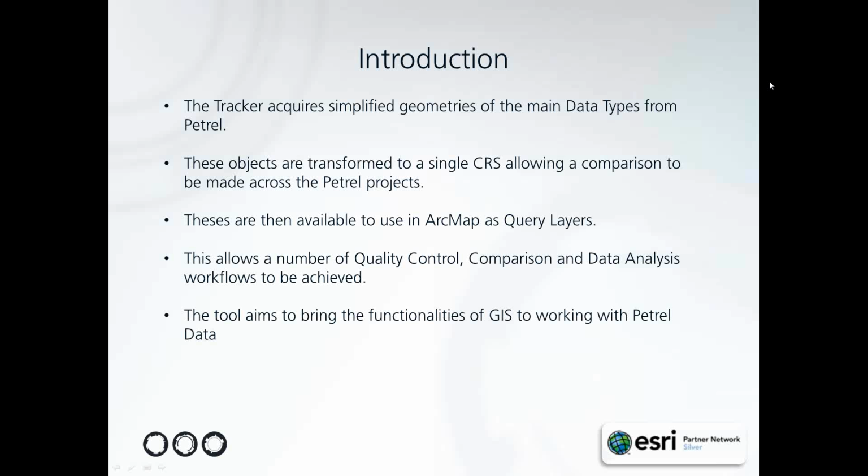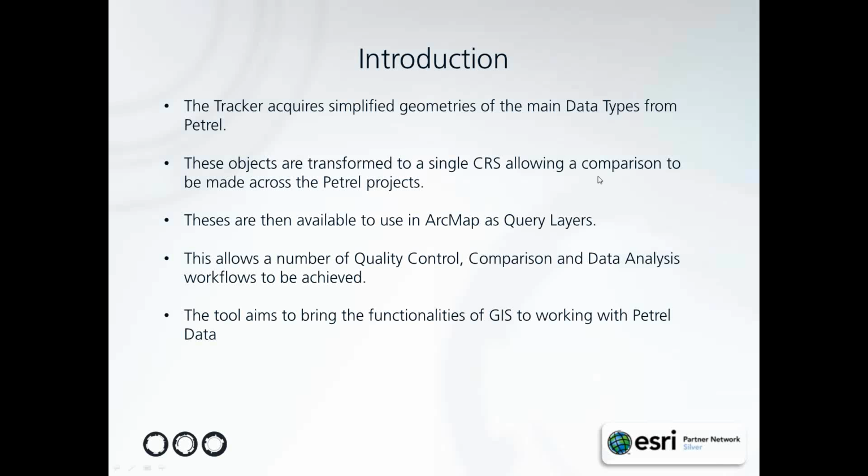So as you know, the Tracker acquires simplified geometries for the main data types when you scan your Petrel projects. And these objects are transformed into a single CRS, allowing us to compare the different Petrel projects and compare how different CRSs might be affecting the data.